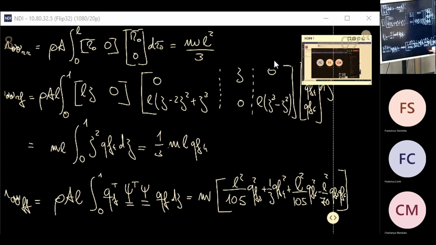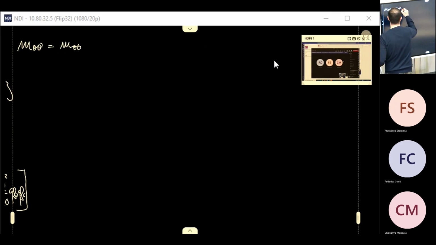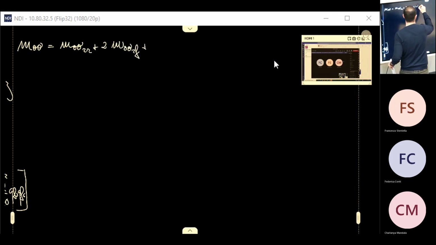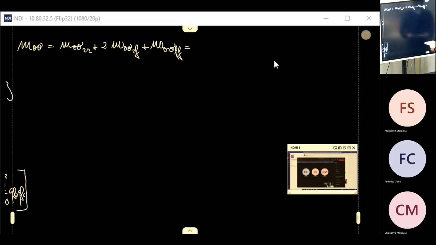So that if you sum, so you have m theta theta equal to m theta theta rr plus 2 times m theta theta rf plus m theta theta ff, you get the following.